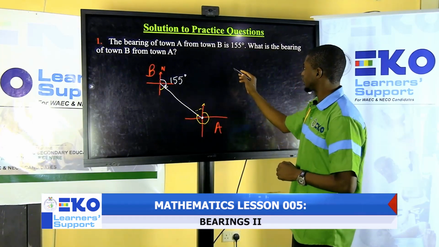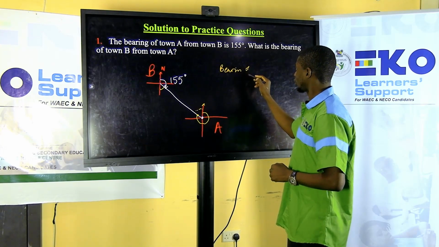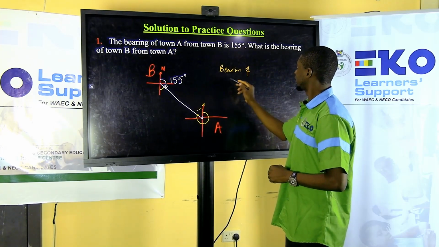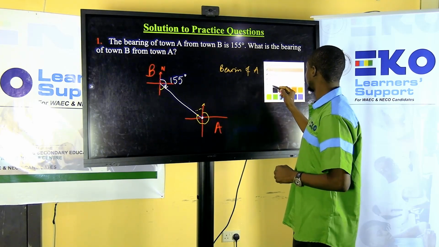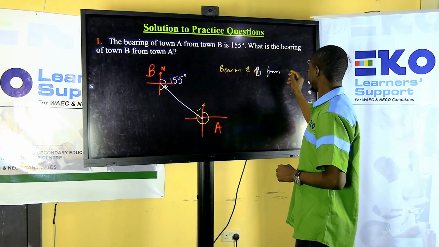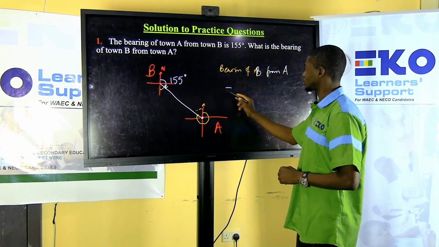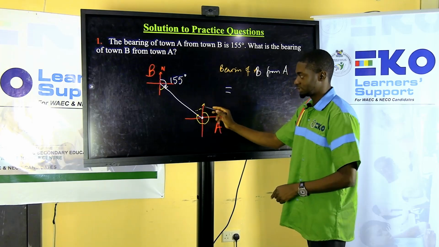So to get this bearing, we now say bearing of B from A will be equals to, remember, this is supposed to be 360, right?